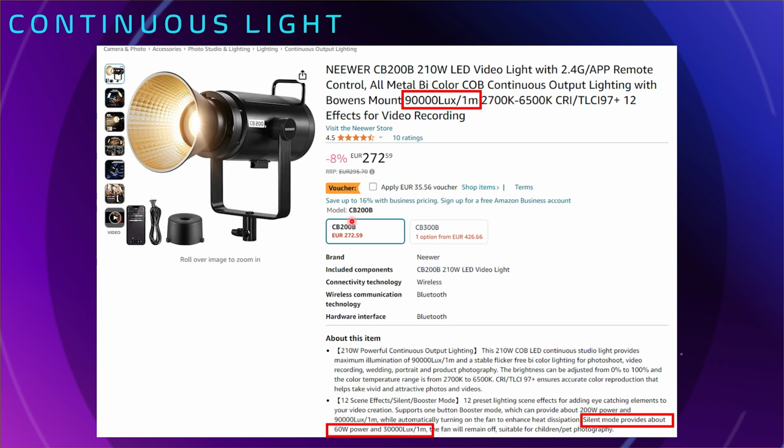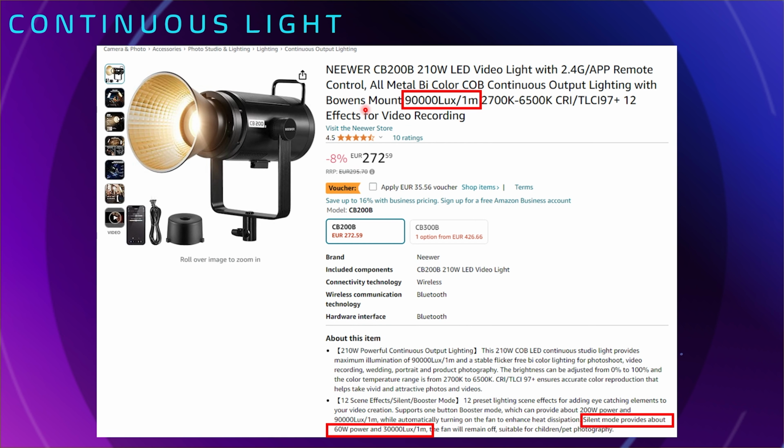That's very high, right? So what we do is we will use modifiers, we will use reflectors to control the lights. And also this description shows that in silent mode it provides only 60 watt power and 30,000 lux at 1 meter.